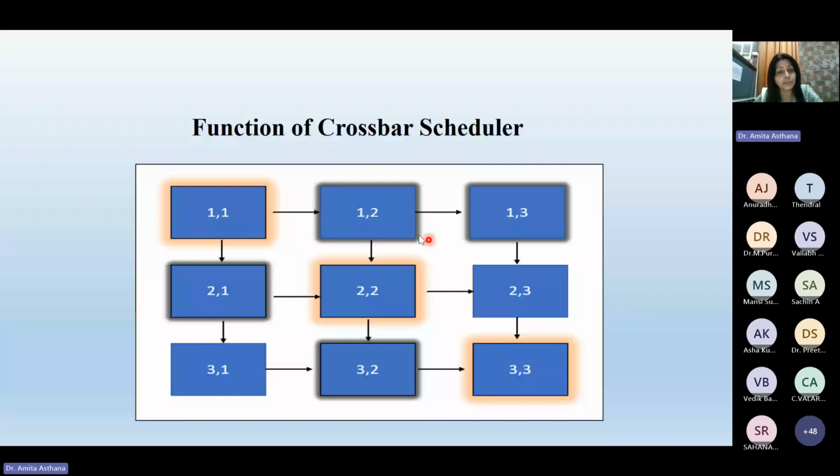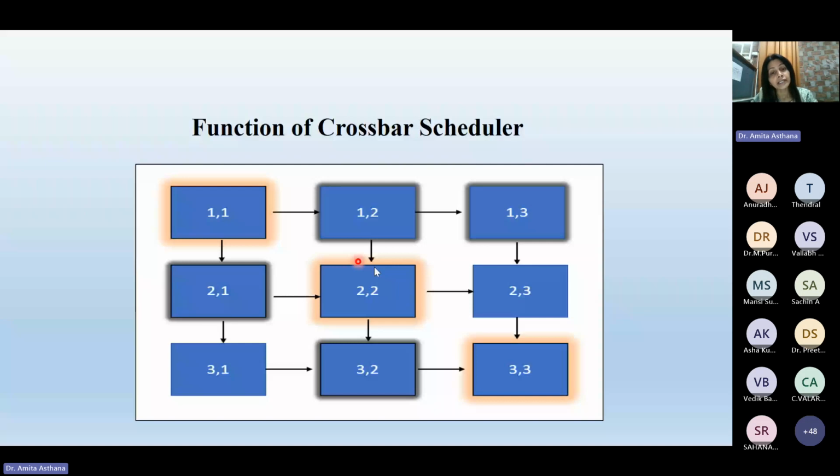So whenever this particular block is active, there would be no block active in the same column or the same row. This is the particular algorithm. And if this particular block is active, then there would be no block active in this same column or same row. So the data propagation will be diagonal.